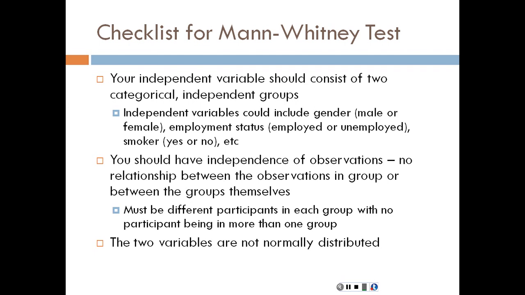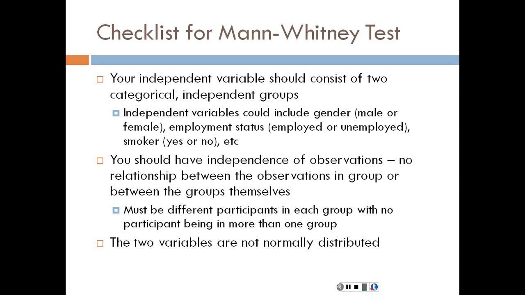So independent variables. And you should also have an independence of observations. So not only are my variables categorical, but they are also independent of each other. So each group, if I have 30 people in group 1, I should have a different 30 people in group 2.